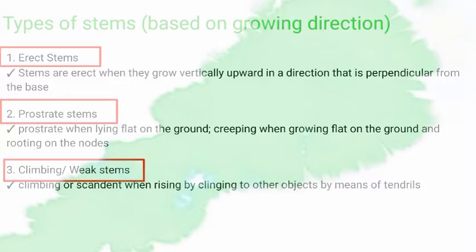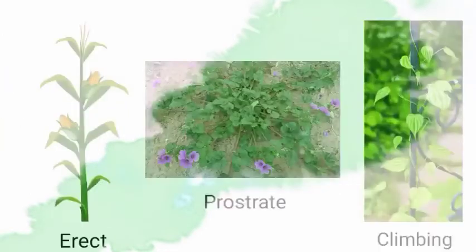Climbing stems are weak stems. Climbing stems are scandent when rising by clinging to other objects by means of tendrils. See the diagrammatic representation of erect stem, prostrate stem and climbing stem with mechanical support.